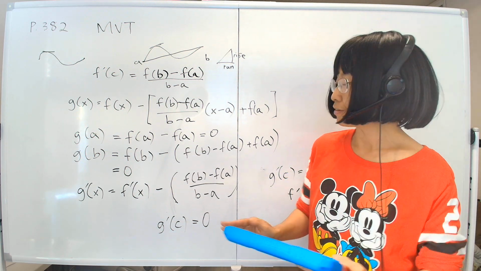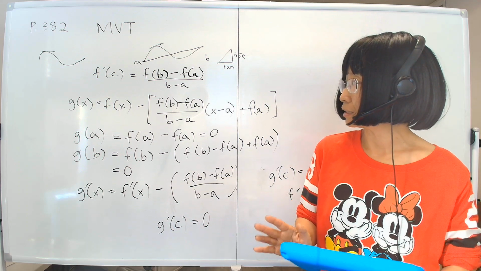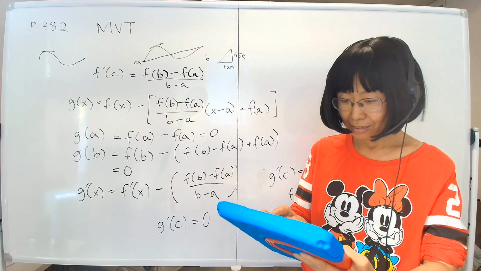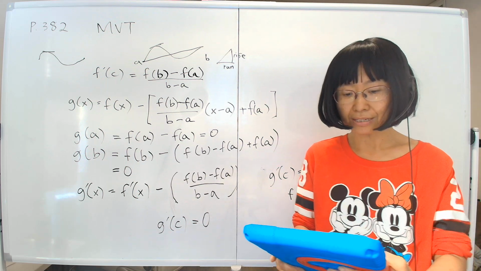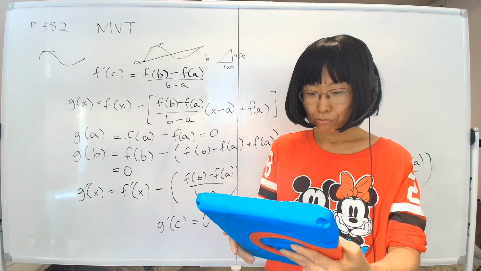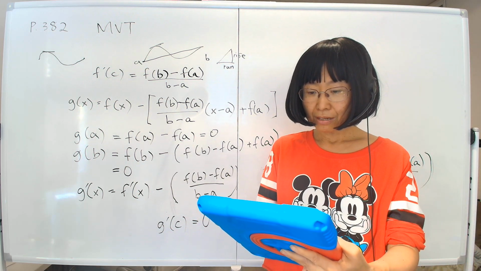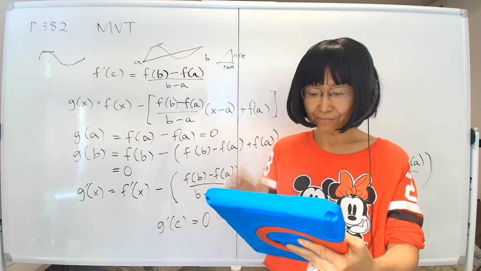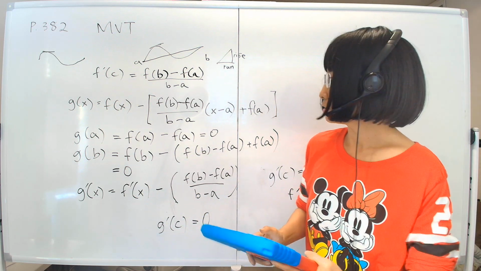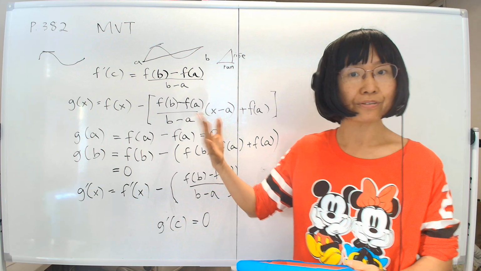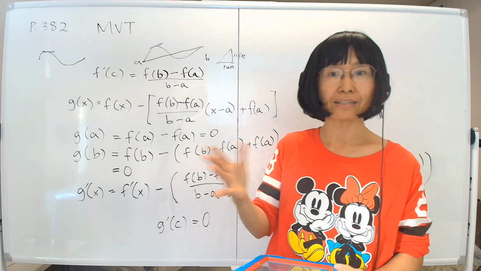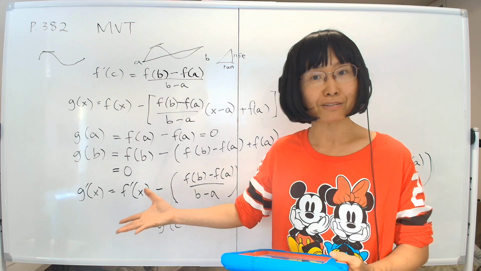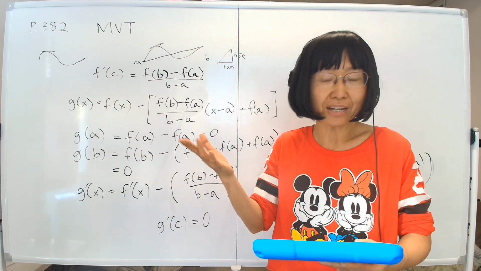Now the mean value theorem's application is very straightforward. So I will have you please look at example 4.15, where it says you need to find some point such that the derivative equals the slope. Well, what you do is you take the derivative, make it equal to the slope, and solve for x, right?